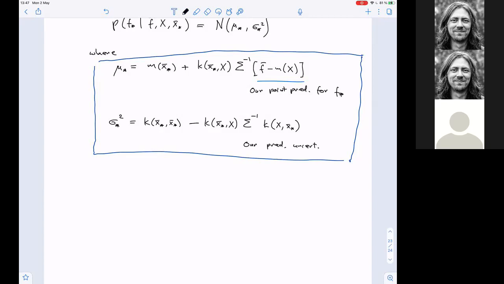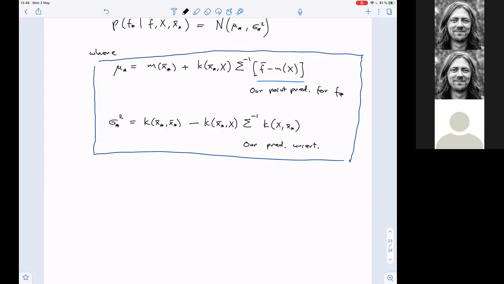If I say that the function values at x star and x10 are completely uncorrelated, then learning the function value f10 tells me nothing about f star, which in this expression means that f10 will not reduce my uncertainty at all, because that will be a term in this second part which is just 0.